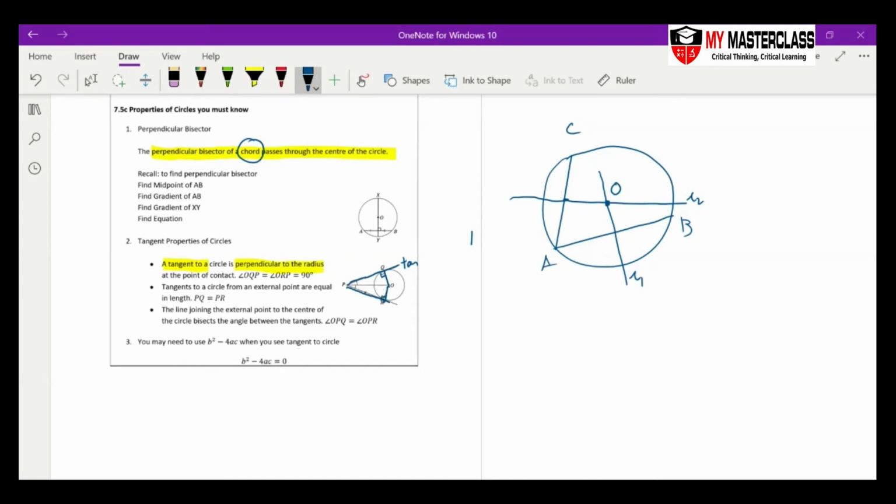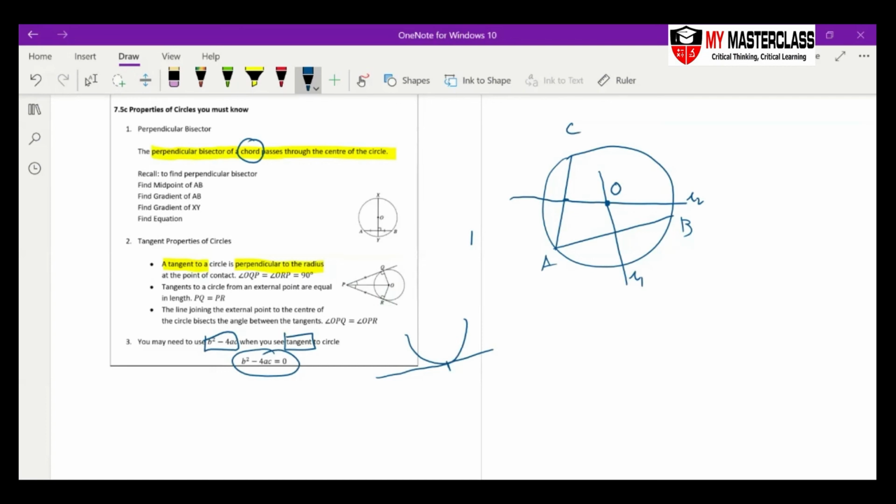You will also learn this thing called properties of circle in your AMath. All right. And when you see the word tangent in b squared minus 4ac, tangent means I only touch at one point. So that's why b squared minus 4ac equals 0. Okay. So three properties of circles that you must know.